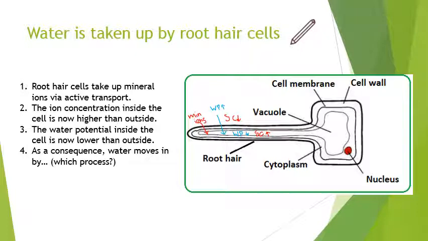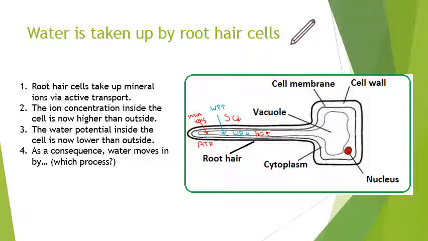It has to spend energy in the form of ATP on this. So I'm just going to write ATP. It's costly. So the plant transports in mineral ions. Now that it has done that, the solute concentration is indeed higher inside than outside. Hopefully that is logical. So what happens?